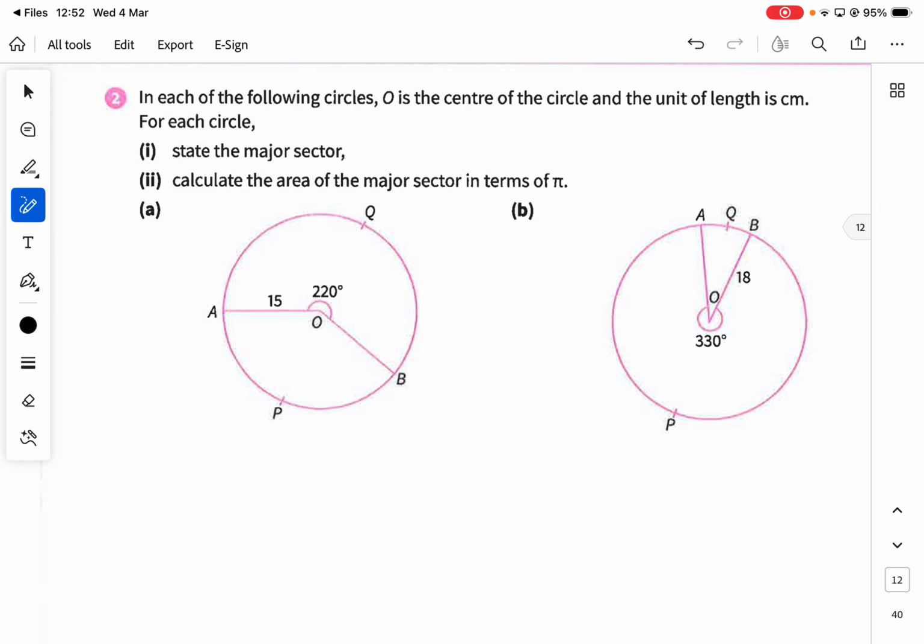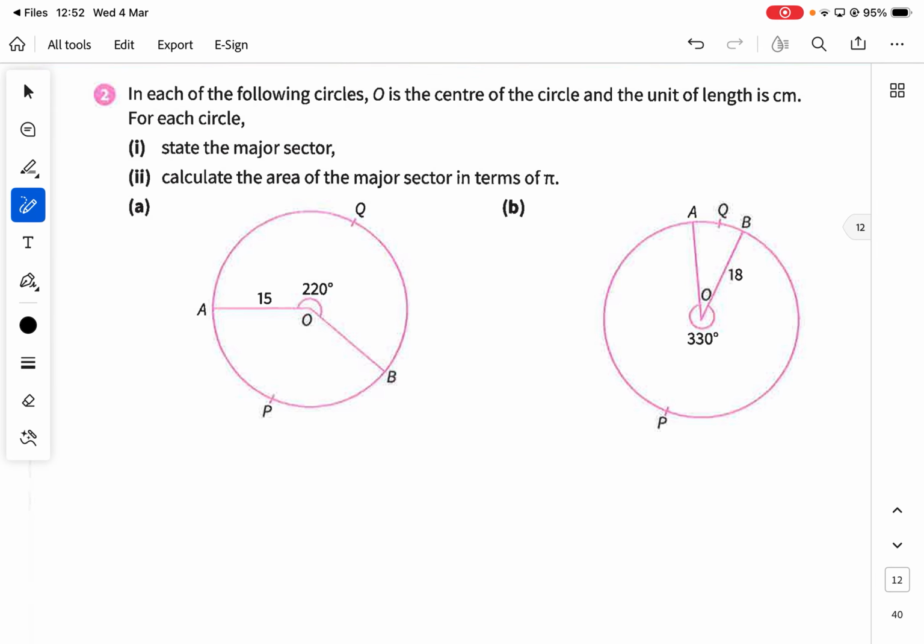Your major sector is going this side. This is your major sector. Okay? So they want you to name major sector A, Q, B. Like that only. What they mean is they want you to name the major sector. So the naming goes by adding a midpoint. A, Q, B.